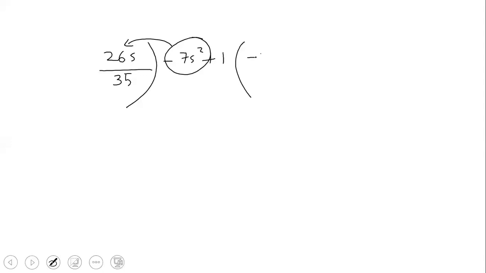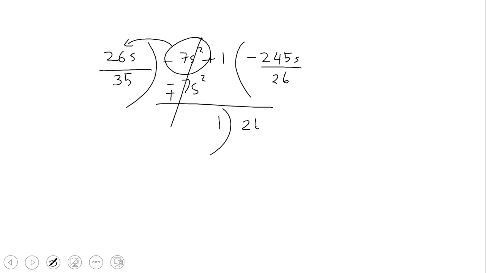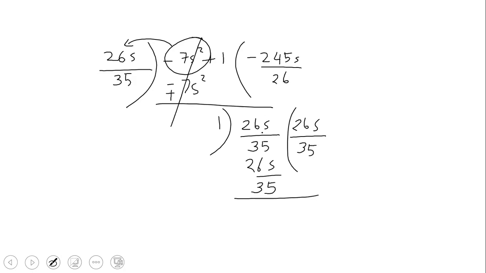Yes, it is minus 245 s upon 26 minus 7s square. You can cancel this, you get 1. This is 26s upon 35. And that leads to 26s upon 35. That will give us 0.